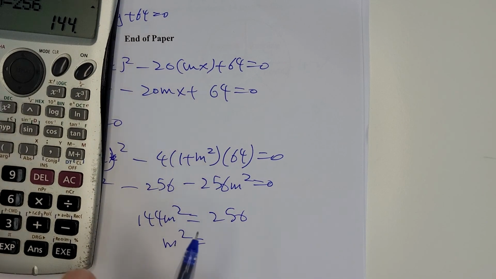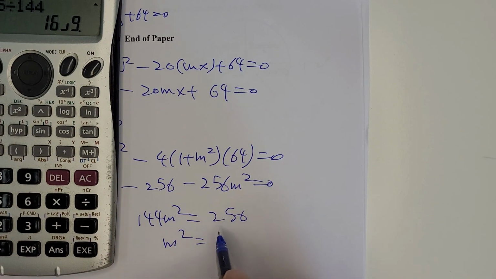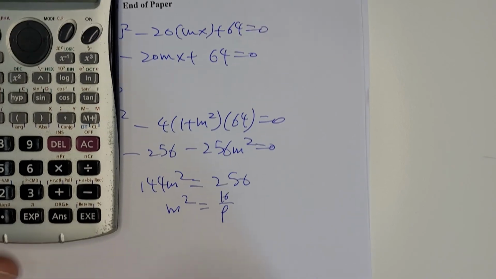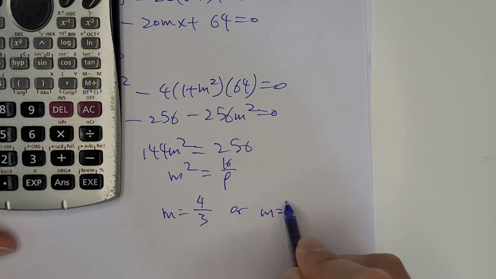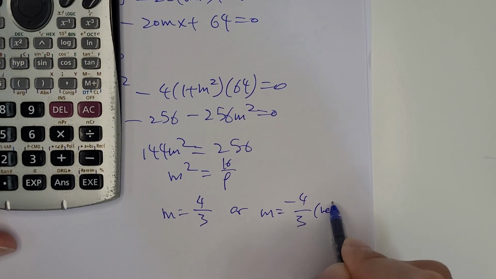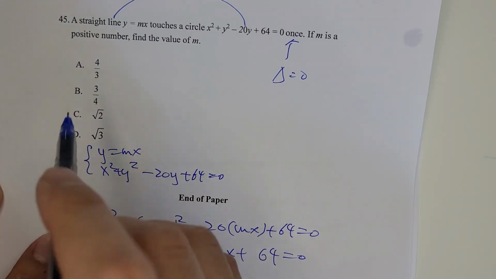And then m squared equals 256 divided by 144. That is 16 over 9. Therefore, m equals positive 4 over 3 or m equals negative 4 over 3. We just want the positive one, so m is positive 4 over 3, and the answer is A.